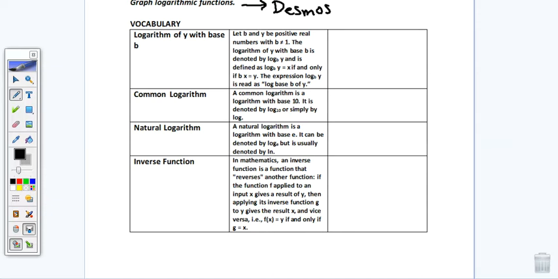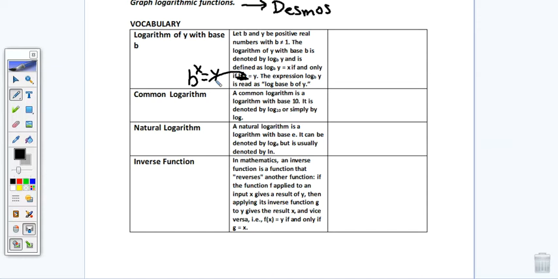Okay, and that's a typo. This should really say b to the x power right here. So make that say b to the x power equals y. And I'll write this over here in that empty box again, okay? The expression log base b of y is read as log base b of y.